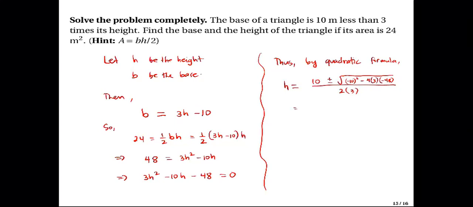So here we'll have 10 plus or minus square root of negative 10 squared, that's 100. And then we have minus here, and there's a minus here. So this becomes plus. And then you have 4 times 3 times 48. We'll have 576. And then on the denominator, we will have 6 in here.